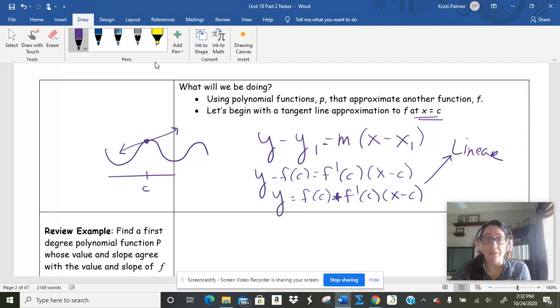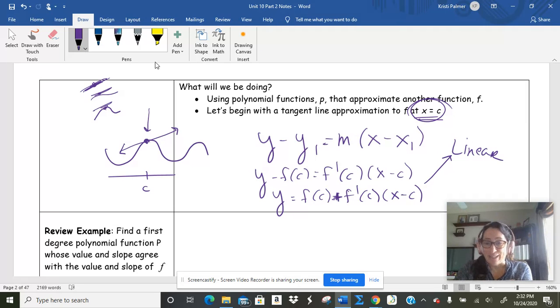So lines are linear. Imagine that. Okay, and so here at this point, if I zoomed in and zoomed in and zoomed in on that curve, and I kept zooming in, eventually it's going to match the tangent line. So we're saying that we have matched a line with the curve at this value.